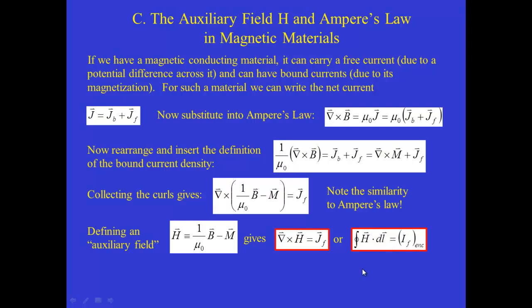So we'll have to use the same bag of tricks that we always have used with Ampere's law, exploiting the symmetry of the fields, because H has the same kind of symmetry that B does. So if we know something about the symmetry of H, and if it's a high enough symmetry, then we can calculate H from a knowledge of only the free currents. That's very useful in analyzing magnetic materials.